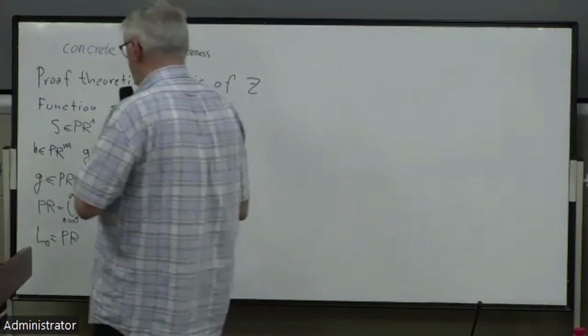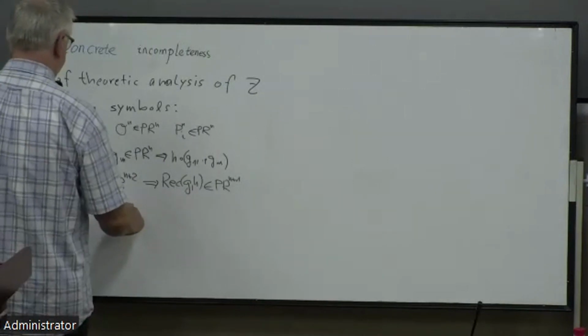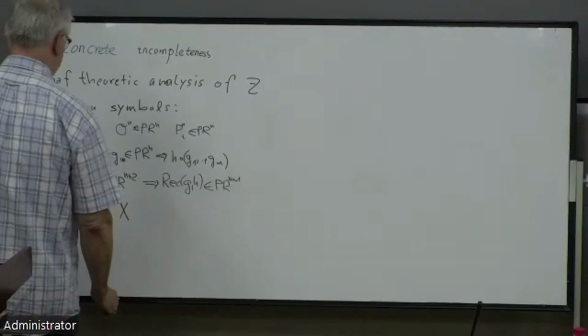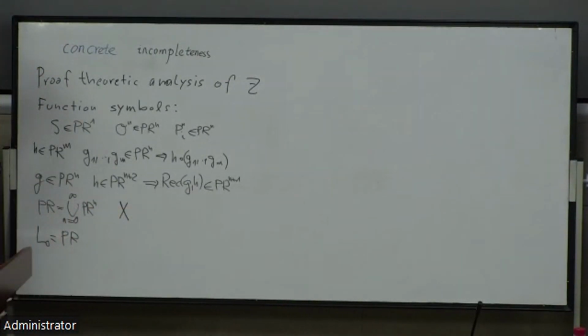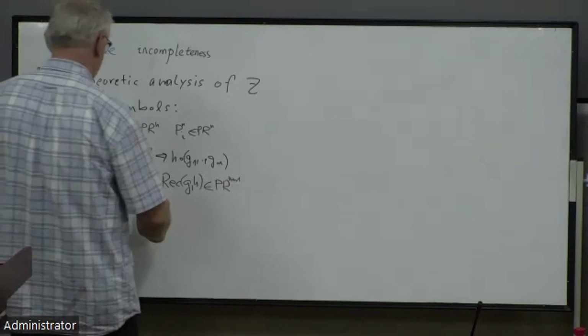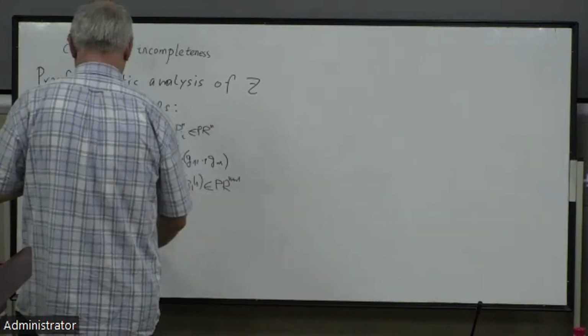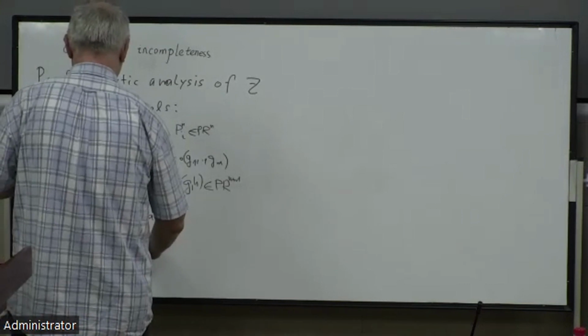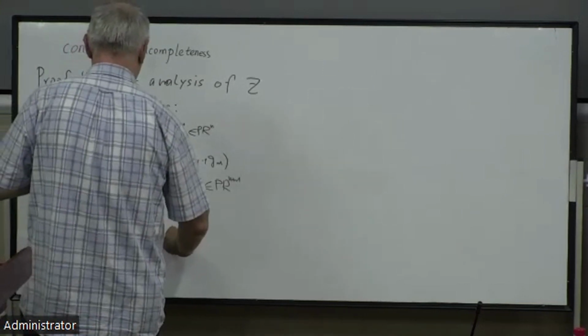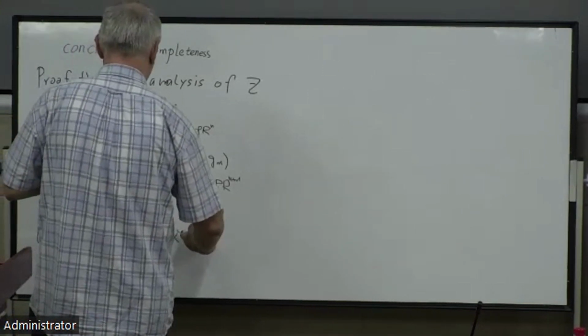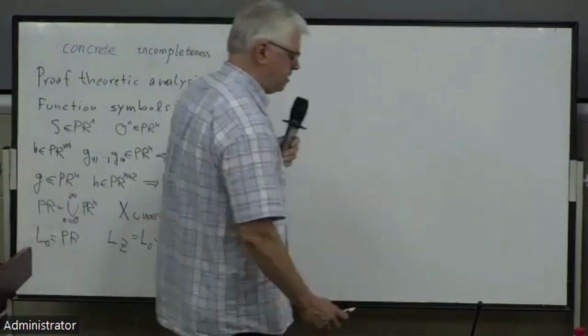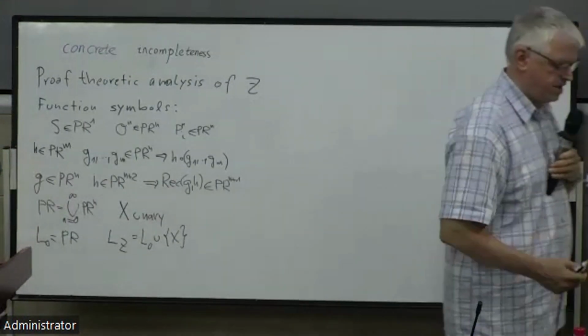Now, I take a unary predicate variable. This is a predicate symbol standing for an arbitrary relation. And the language of Z is L0 union this variable capital X, or this predicate symbol.